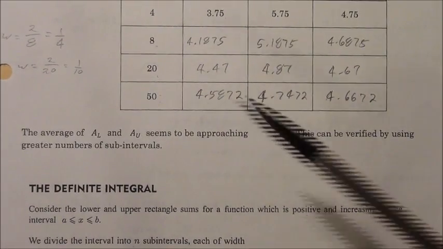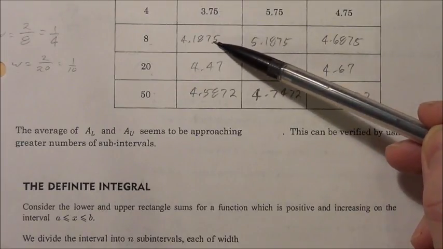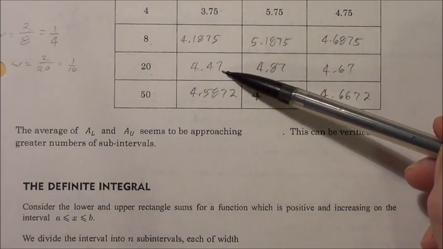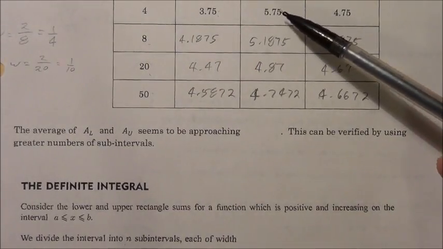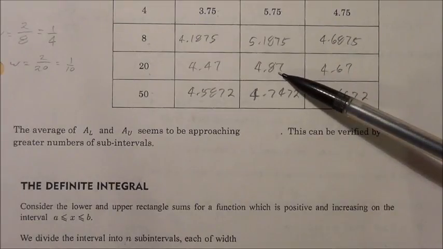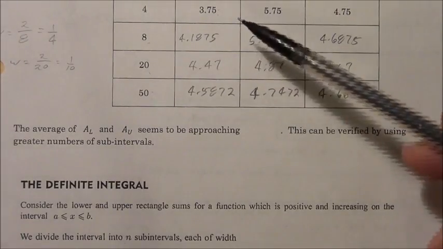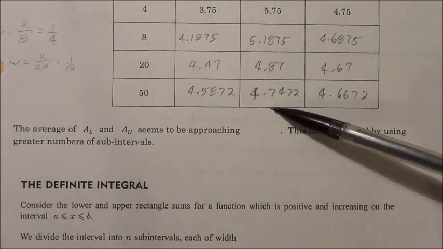Notice that the lower areas are increasing: 3.75, 4.1875, 4.47, 4.59. The upper areas are decreasing: 5.75, 5.19, 4.87, 4.75.